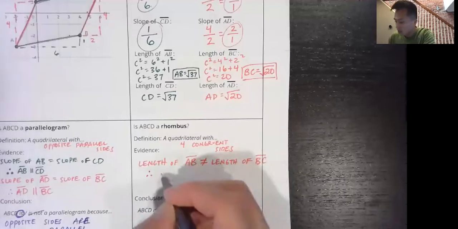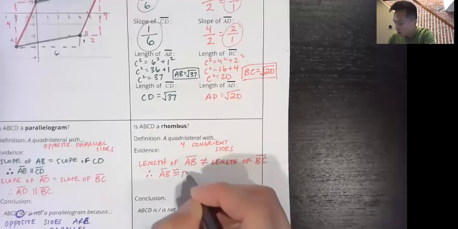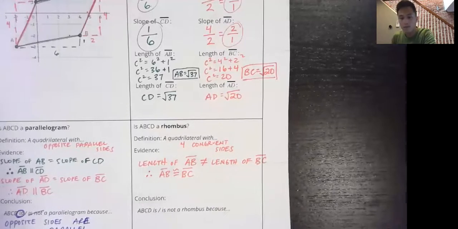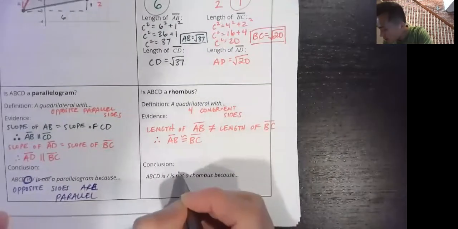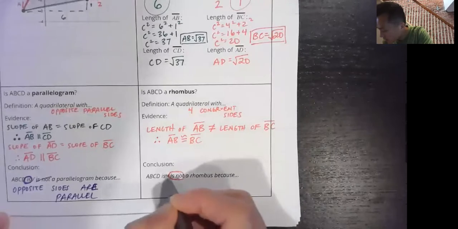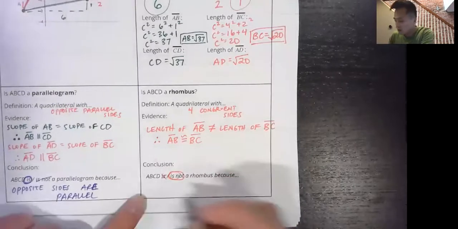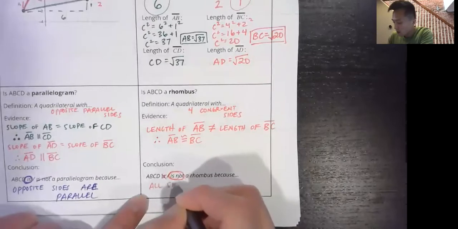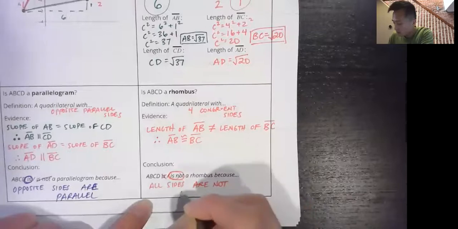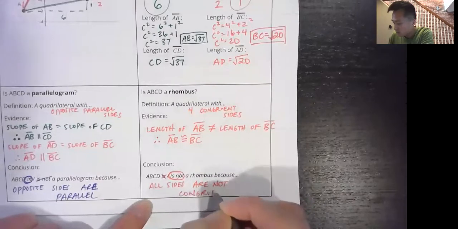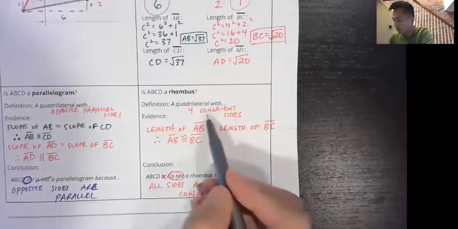Therefore, AB is not congruent to the side BC. So I can conclude that ABCD is, I'm going to circle, is not a rhombus because all sides are not congruent. That's what we said was the definition.